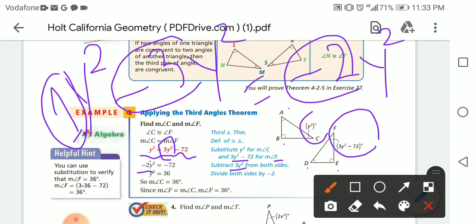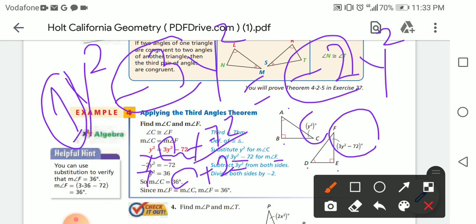What should I do now? I have to isolate y to the second power, so I divide by negative 2 to get rid of this negative 2. So y to the second power equals negative 72 divided by negative 2.